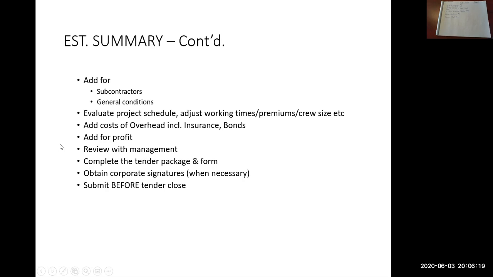They may know that you're installing 200 millimeter ductile iron water main that's 250 meters long. You may need to tell them that the tie-ins are 3.5 meters deep. They may not know that. Or things like there's a section of the job where the water main needs to go under 12 different utilities.